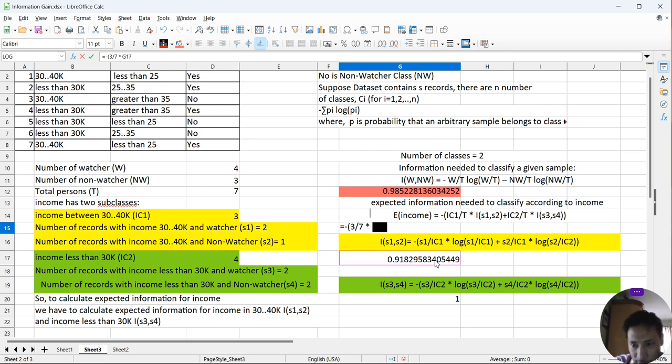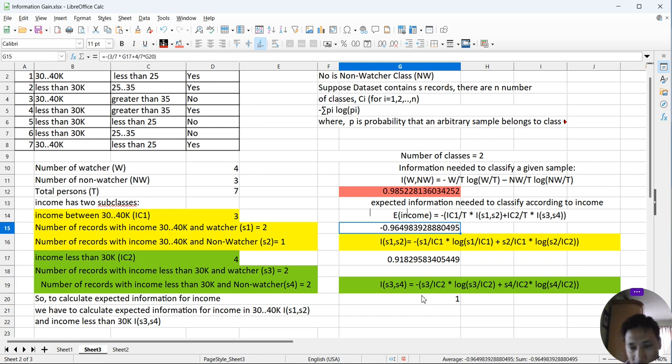Now we have to add. Now this IC2 is 4 divided by 7, that should be multiplied by S3 S4, that is the value here. So I will click here. So now this is the expected information for income.